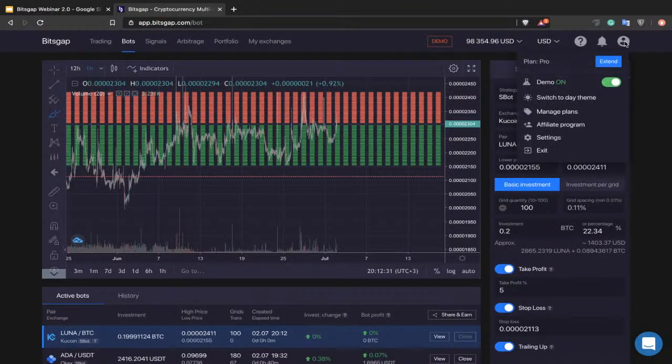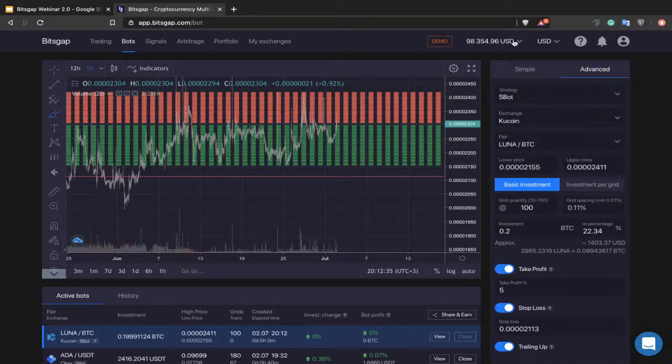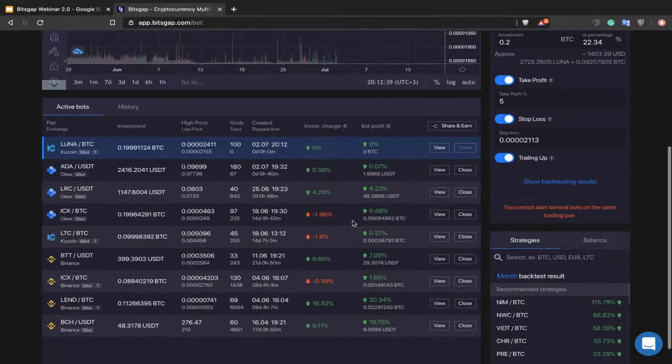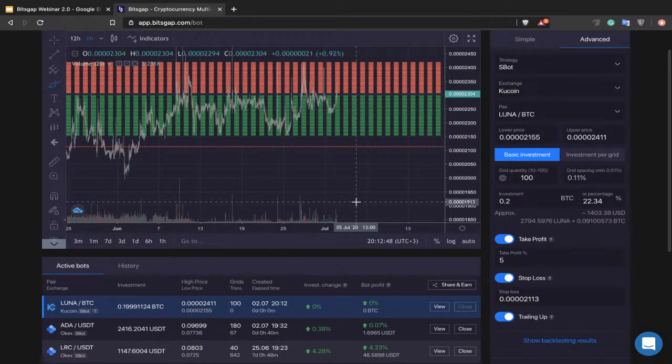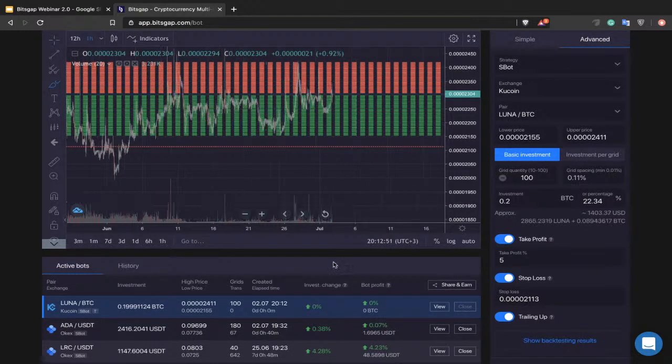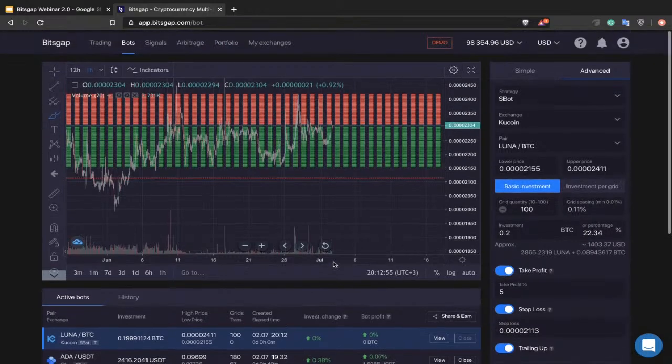So that means I'm using this risk-free money to simulate real trading, to test strategies, to show you some real-life examples during the webcast. But for you, using demo trading is the best option to optimize your own strategies before trading on the real account.